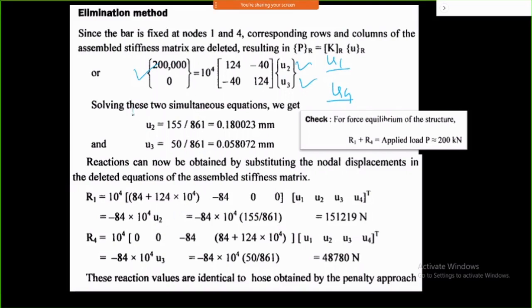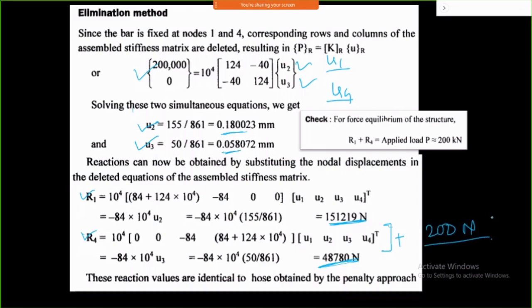We got the deformation U2 here, then U3 here, the same as the displacement in the previous case. Now you can get R1 here and R4 here, and R1 results in 151, here 48780, and if I add these two, I get 200 Newton.